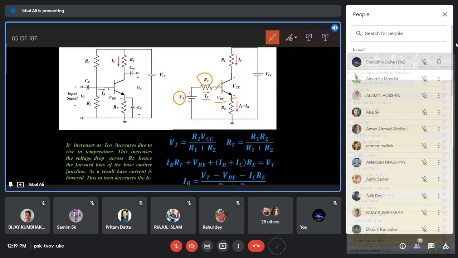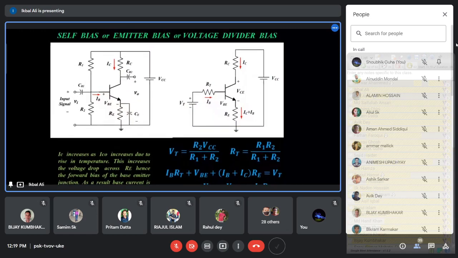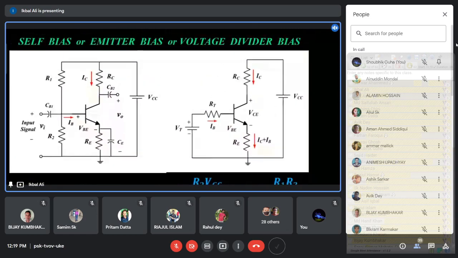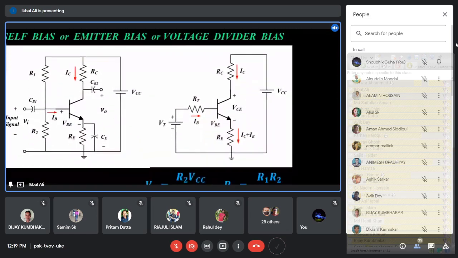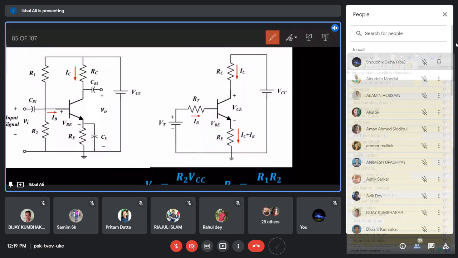So these are the base side parameters: the base current is IB and the base emitter voltage is VBE. Now let us check the other terminal, the collector. To the left hand side of the circuit, we have applied Thevenin's theorem and extracted the equivalent circuit.